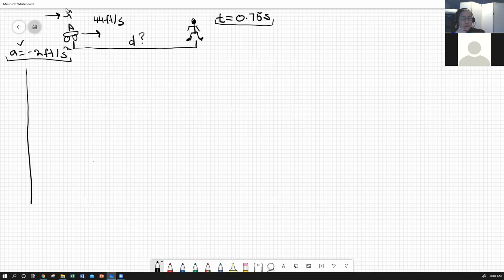We can do another one of these little graphs. At first your acceleration is going to be 0. Then you're going to apply your negative 2 feet per second squared.